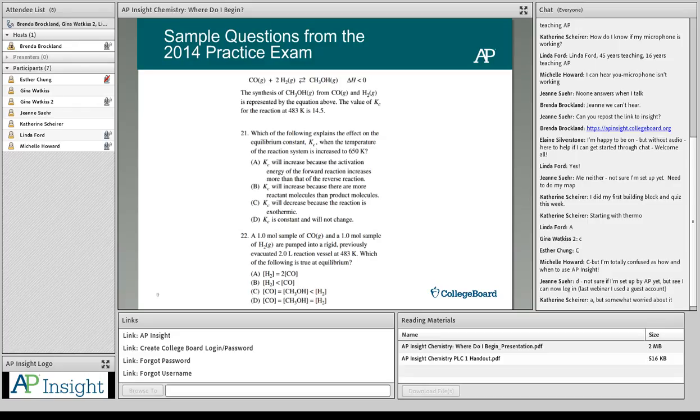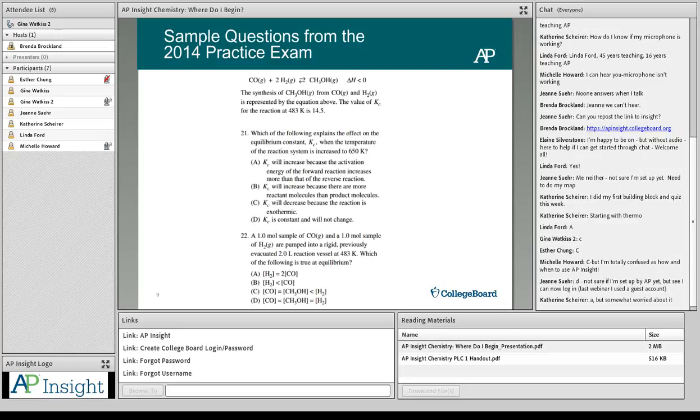And how so? Okay, because when I think of K, I'm going to think of being products over reactants, and I'm not going to understand why the CO and the H2 are both equal.